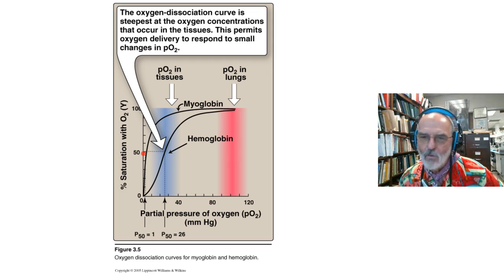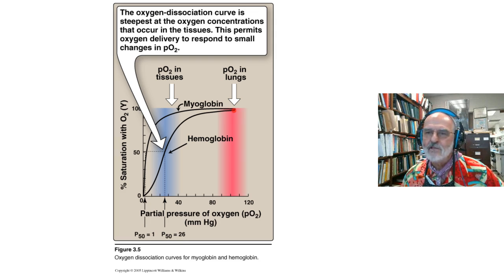Once you get into the tissues, directly into the tissue, there's far less free oxygen. So myoglobin has to adjust its affinity to be able to bind the oxygen. The hemoglobin, on the other hand, saturates in the lungs, travels to the tissue, and then begins to dissociate the oxygen so it can be delivered to the tissues. So this is a reflection of the value of having a sigmoidal binding curve.